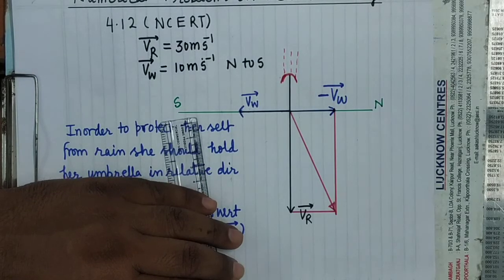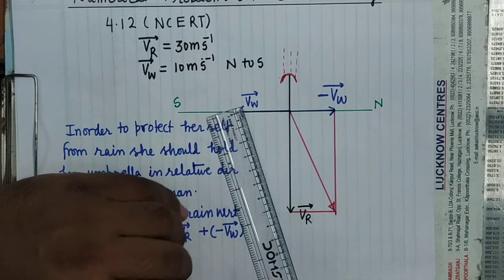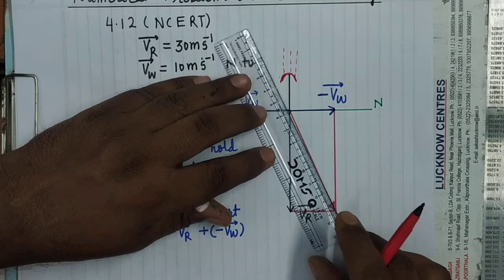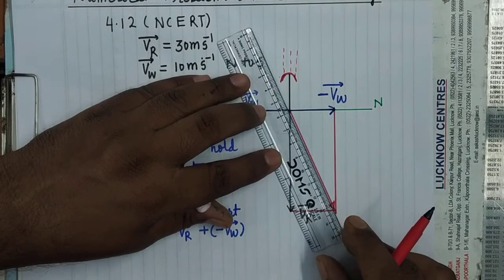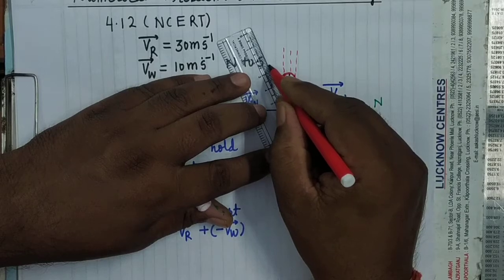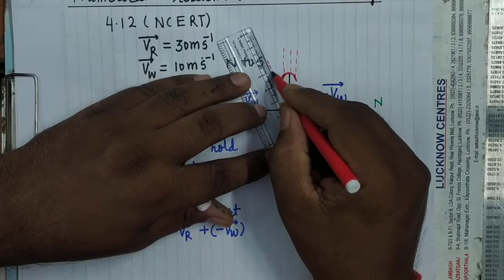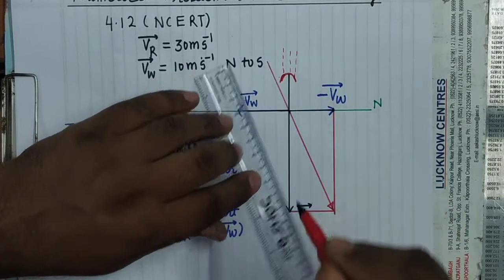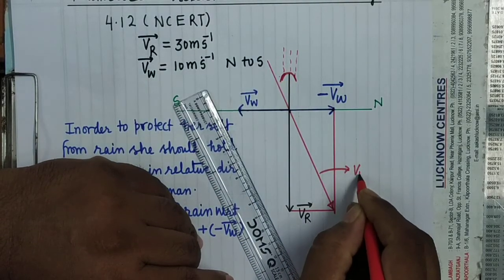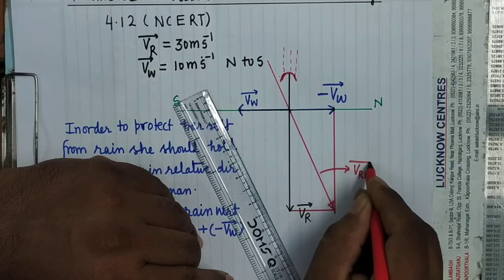It's clear. But now since she is bicycling in the south direction, therefore in order to protect herself from the rain, she will tilt the umbrella in what direction? In the relative direction of rain with respect to woman, and it is this direction. Vector VRW is this direction.